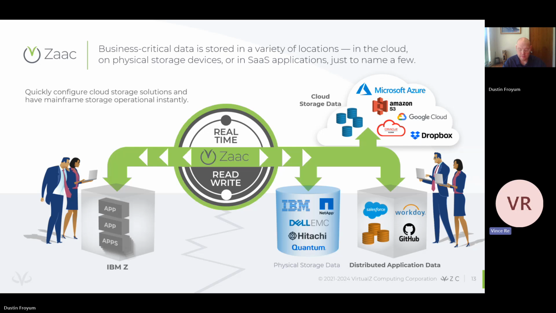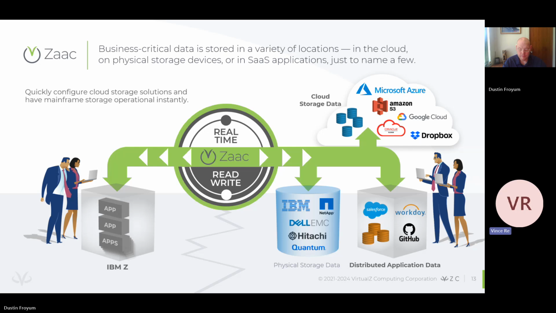And this is one of the other breakthroughs with Zach. We've done that in, I'm going to call it, a standards-based open way. So if a customer tells us, I want to use your virtual disk model, but I want to go to Dropbox, for instance, it's not like we have to go write mountains of code to do that.